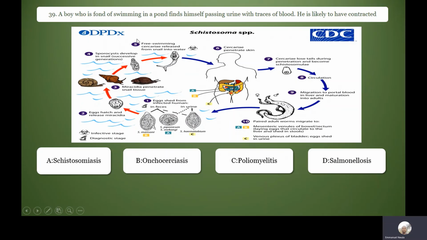So the person can begin to urinate, and the urine comes with traces of blood. It is called schistosomiasis. So the correct option here is A.